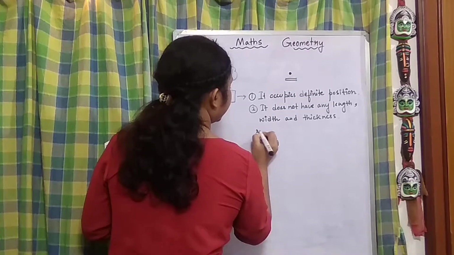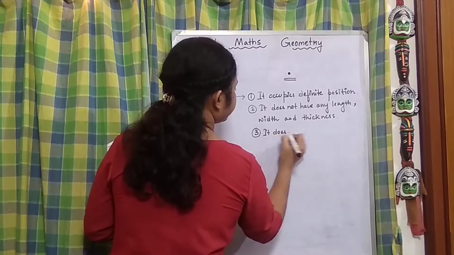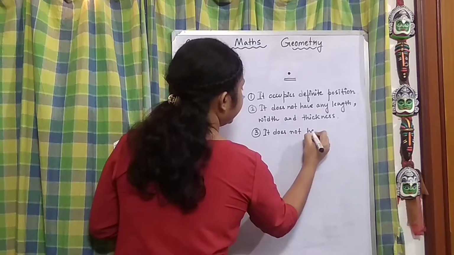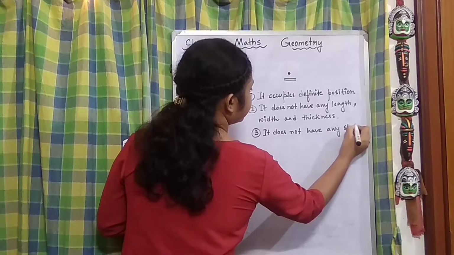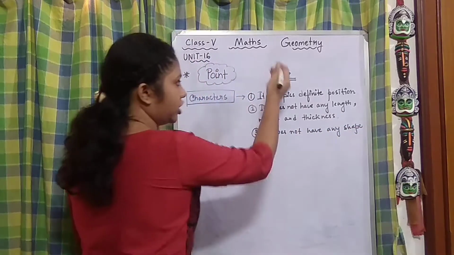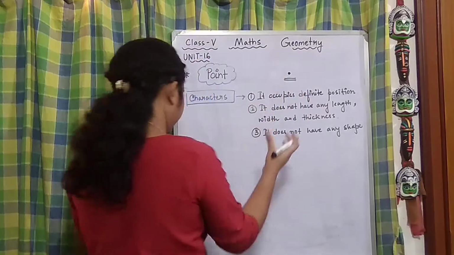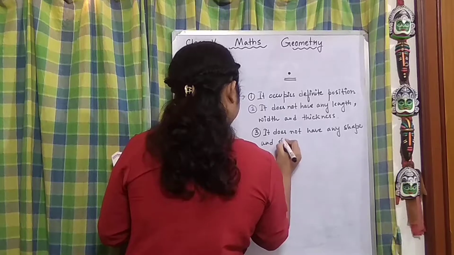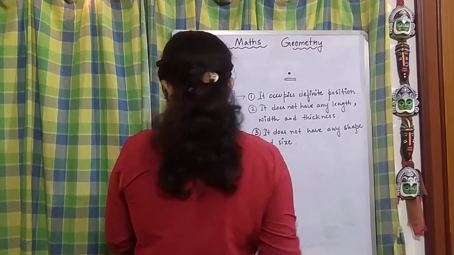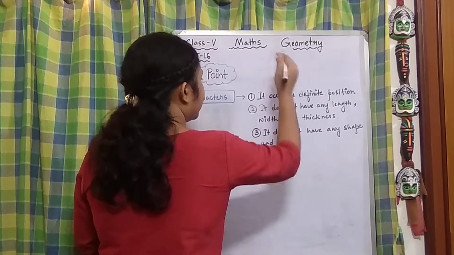Number 3, it does not have any shape. It's just a dot. A dot does not display any kind of definite shape and size. It is represented by a dot.